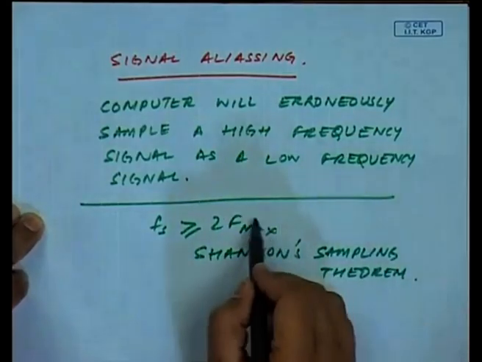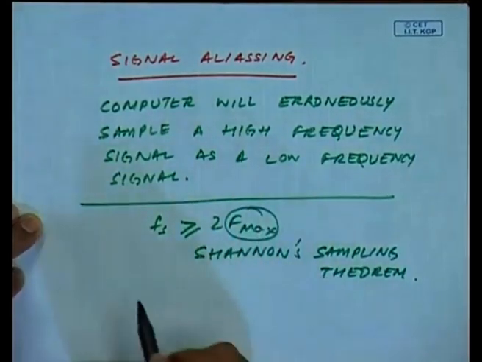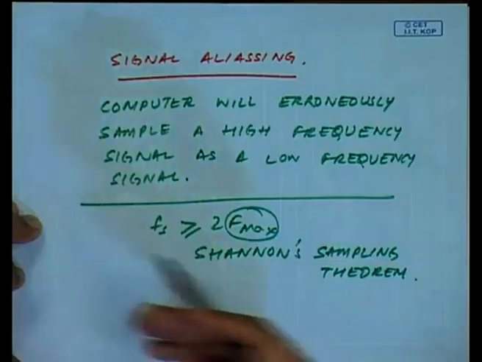For example, I do not know f max. Why? Because I am measuring this from a machine. I have not analyzed the signal. So, I would not know what f max is. So, for an unknown machine, how do I ensure that signal aliasing is not occurring while I am sampling through an A to D converter?